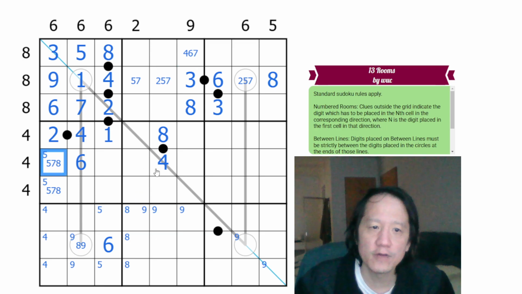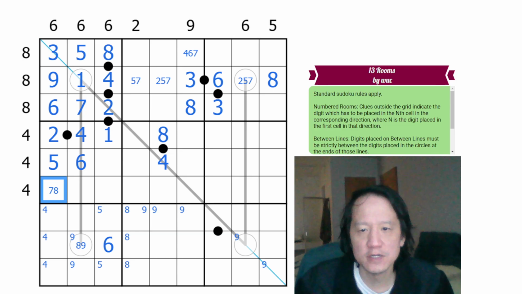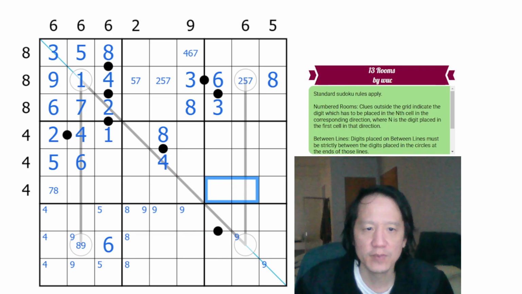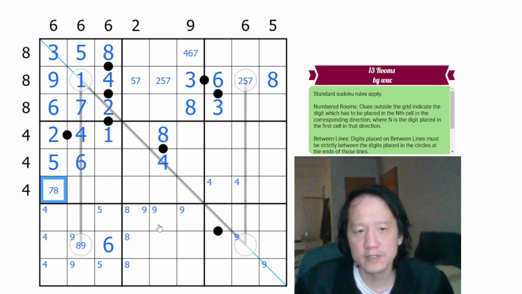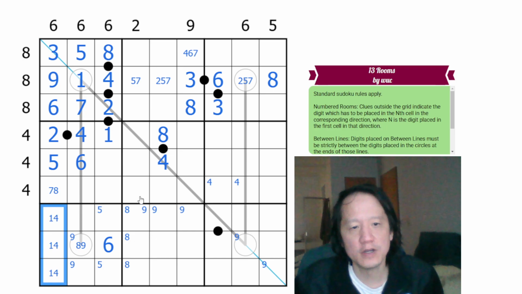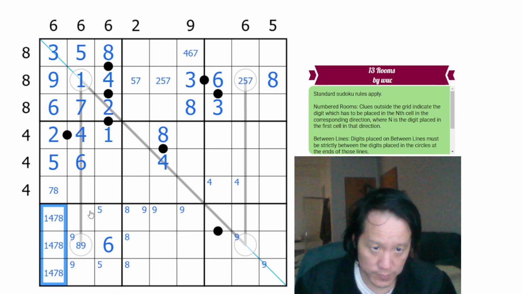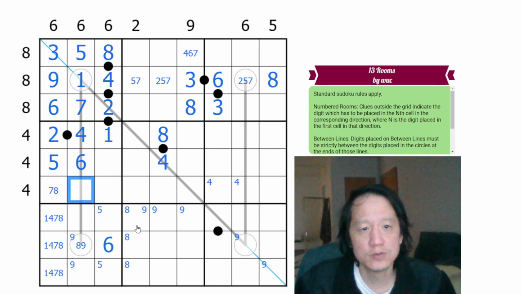This can no longer be 4; 4 has to be in the 5th position here. So this has to be 5, which means this is 7 or 8. Sorry, 4 has to be one of those two because of the 7 or 8 in the numbered room clue. This again can be 4 or 1, and it's with 7 or 8. This cannot be 2.